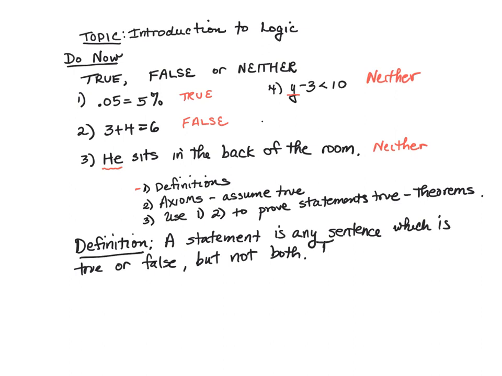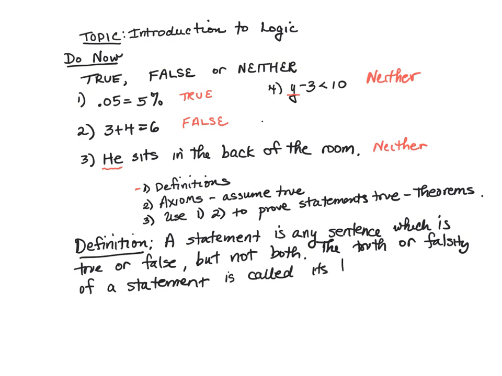The truth or falsity of a statement is called its truth value. So in statements, we will always consider the truth values.